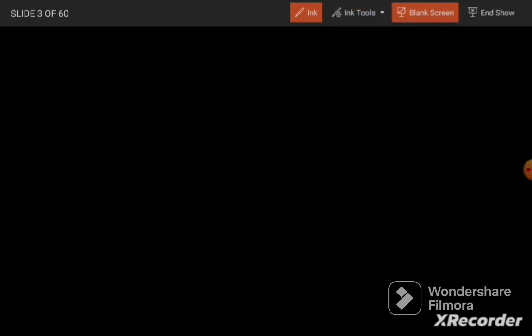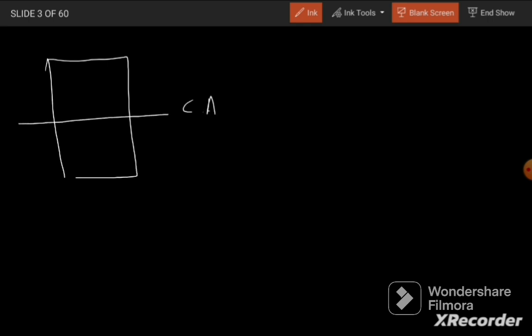For example, if we have a rectangular beam like this, and this is its centroidal axis, then if I want to calculate the first moment of area about the centroidal axis for this point, we will consider this much area. We need to consider the area farther from this point.